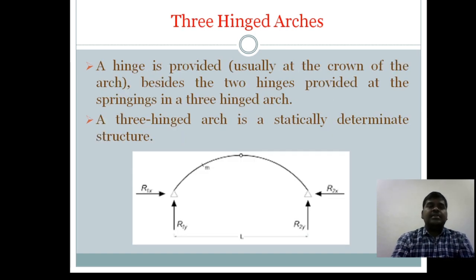Regarding three-hinged arches, a hinge is usually provided at the crown of the arch. What is the crown? This is the crown, the highest point of the arch. Besides the two hinges provided at the springings in a three-hinged arch, a new hinge is provided at the crown, that is the third hinge.